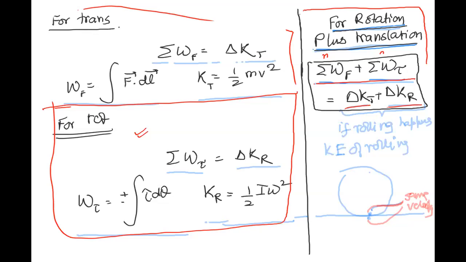But if at a point this becomes zero, so kinetic energy of rotation, let's say, becomes zero, the kinetic energy of translation may or may not become zero.